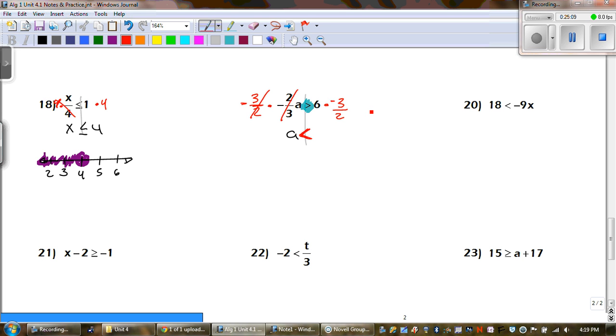And then 6 times negative 3 is negative 18, and negative 18 divided by 2 is negative 9. And you guys should just be doing that in your calculator if you can't do it in your head. Okay? So now that we've got that, we can do the graph. Is it open or closed? It's open. And do we shade to the left?